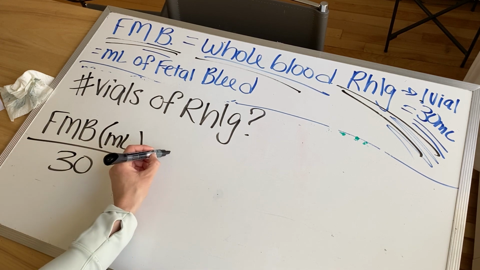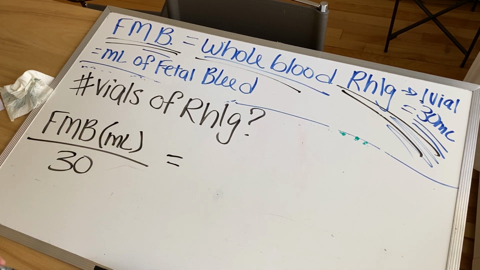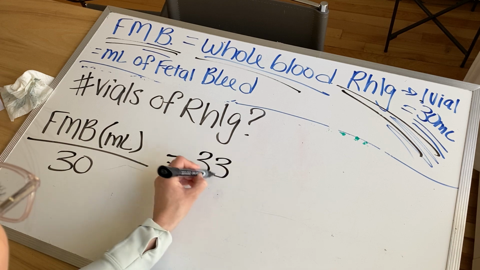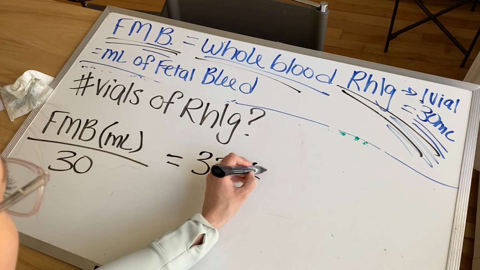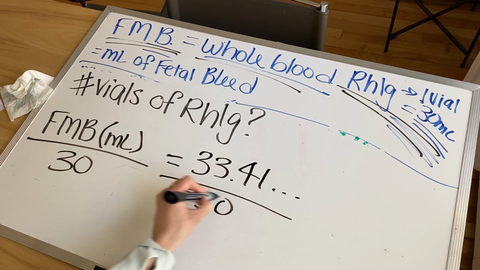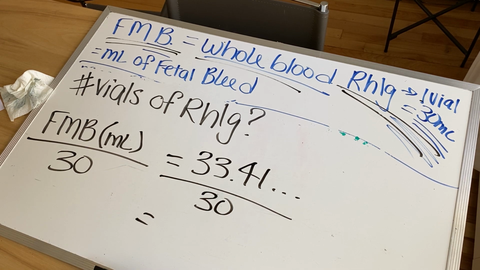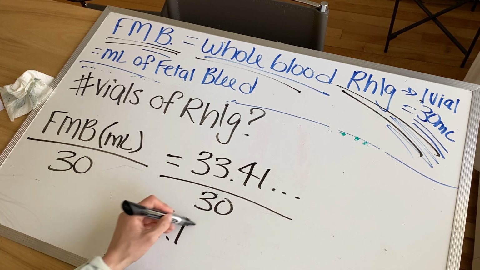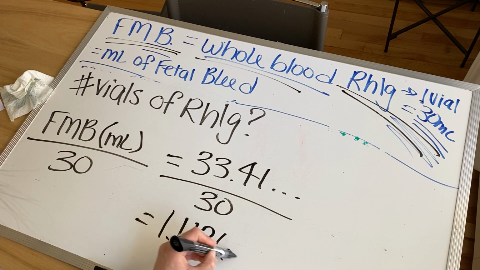So our feto-maternal bleed was determined to be, after all of that, 33.41 divided by 30 equals 1.1136.